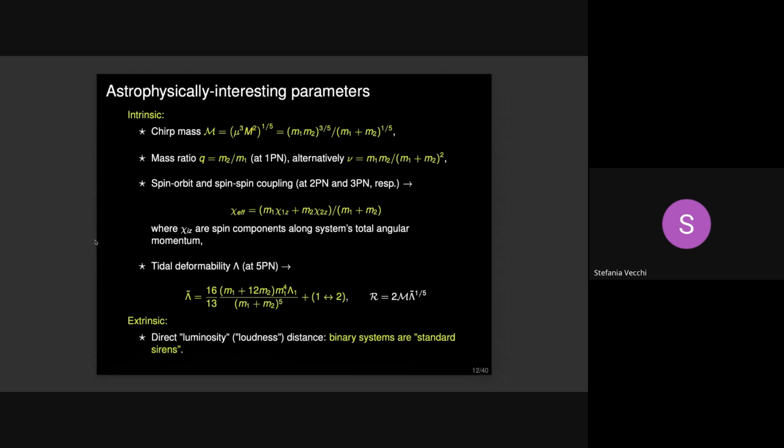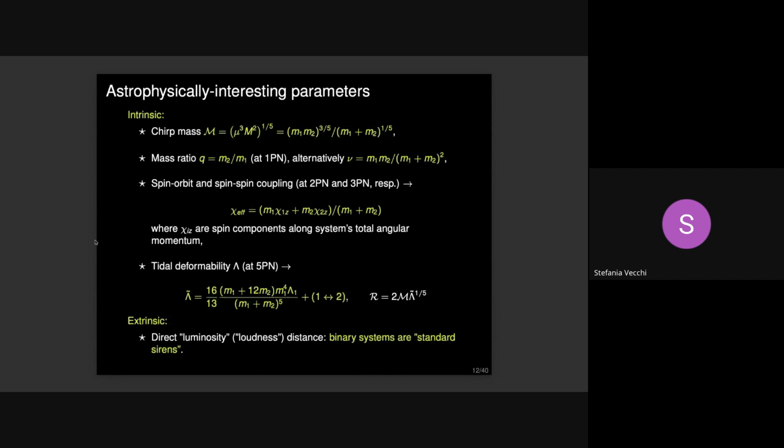And the other thing that is different to traditional astronomy is that the direct luminosity, or loudness distance, is measured because the amplitude is proportional to the amplitude, not energy. Then, if we know what we are looking for, the template we understand, then we can measure the amplitude and infer the distance.